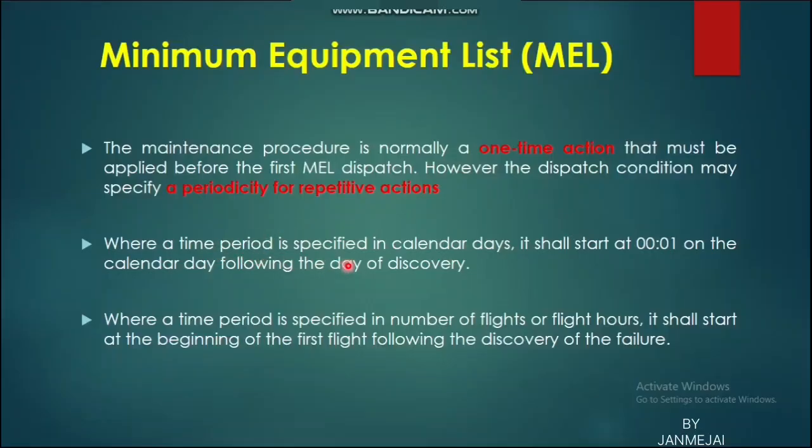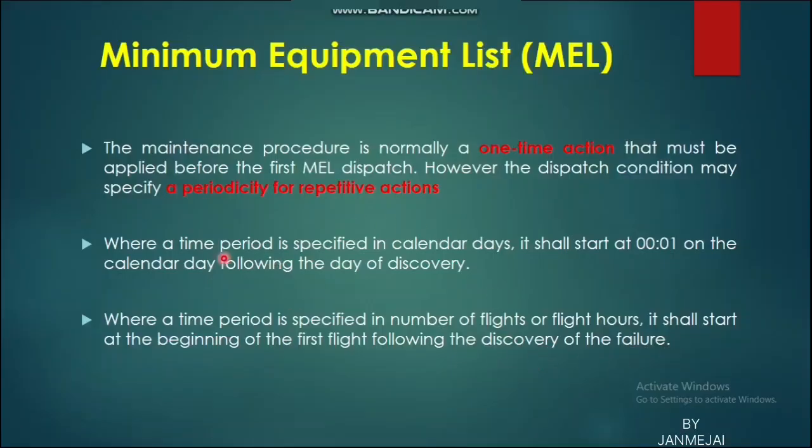Where a time period is specified in calendar days, this is important, it shall start at 0001 on the calendar day following the day of the discovery. Where a time period is specified in number of flights or flight hours, it shall start at the beginning of the first flight following the discovery of the failure.